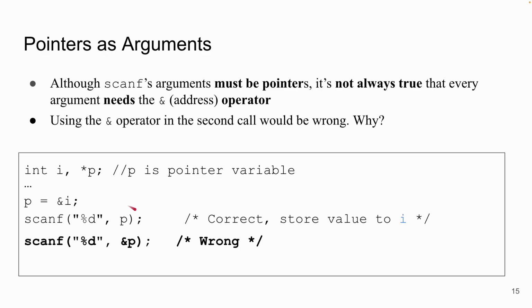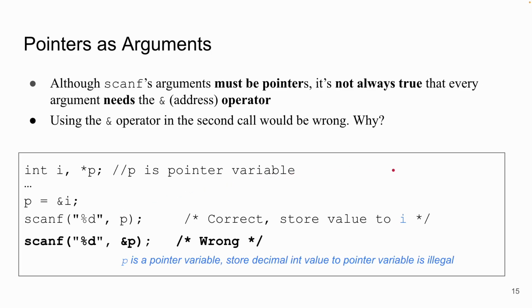So that is why we don't need to add another address operator to make p become a pointer. Because what I'm trying to do through this line is to save the input value to i through p. p is a pointer variable pointing to i.